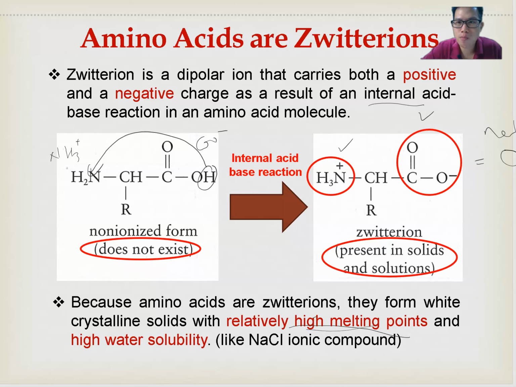The high melting point is due to the plus and minus charges here, which allow them to form ionic bonding with other amino acids. Because of the charges as well, they have high water solubility, just like sodium chloride.